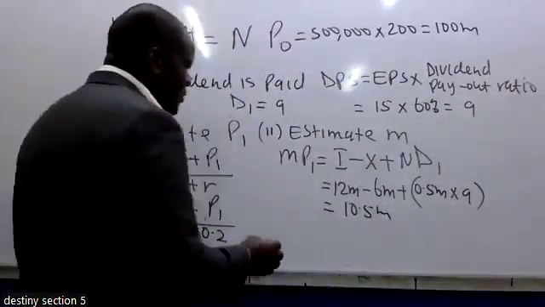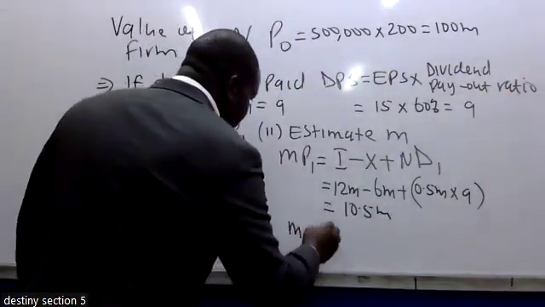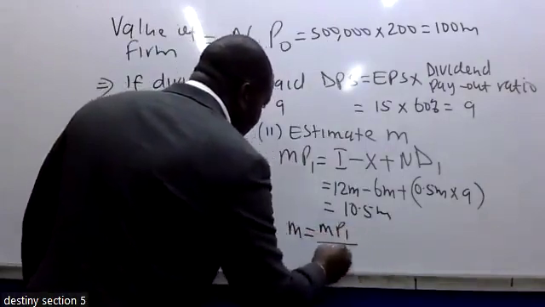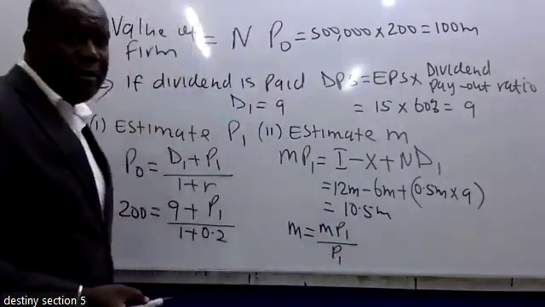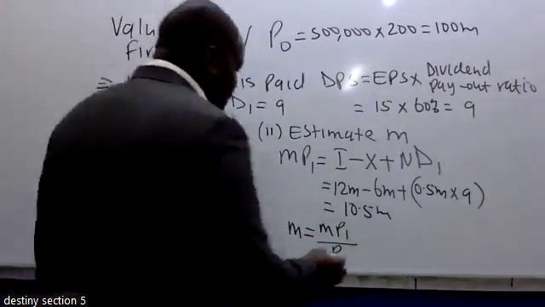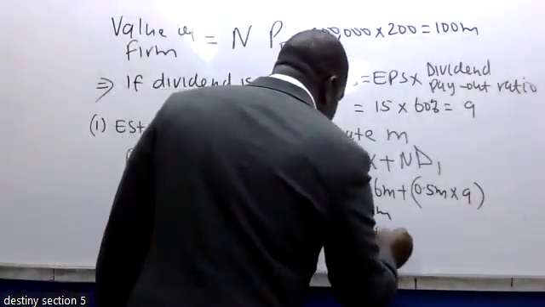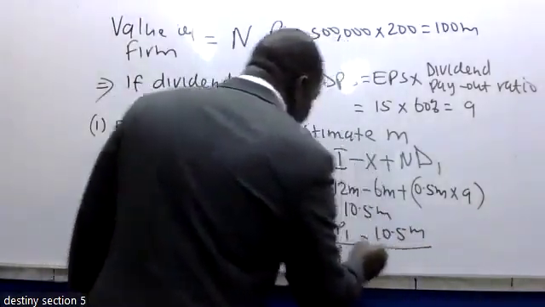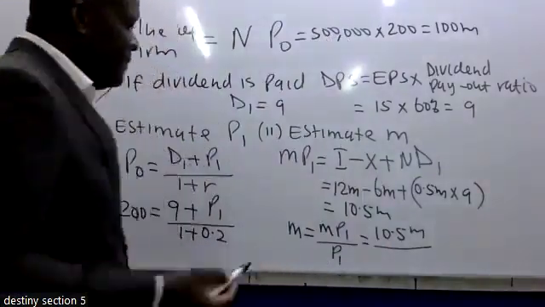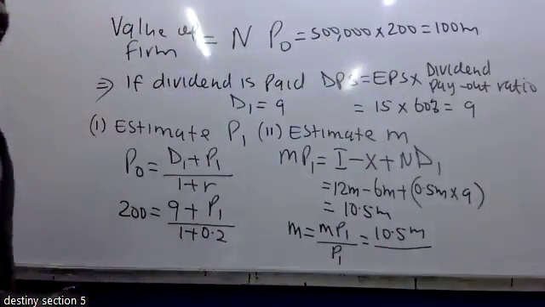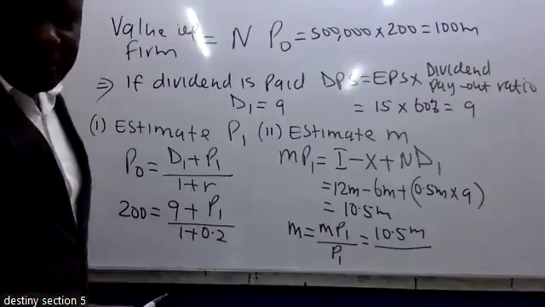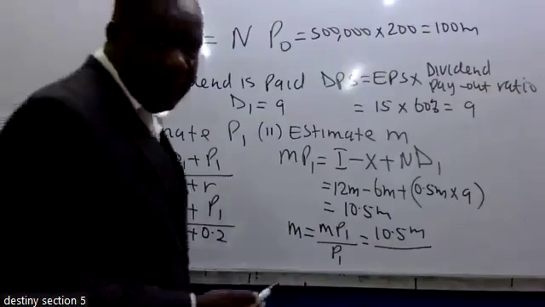So now to get M, it is MP1 divided by P1. So it will be 10.5 million divided by P1, tunasema 231.